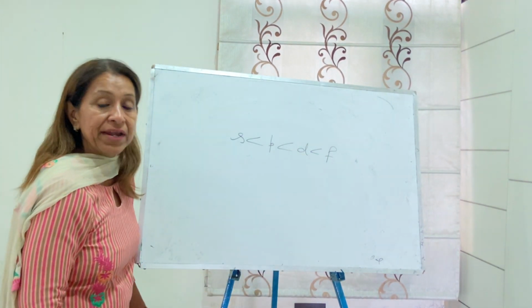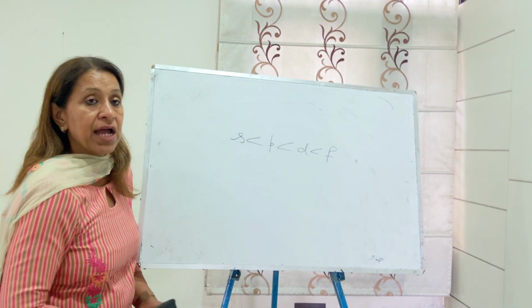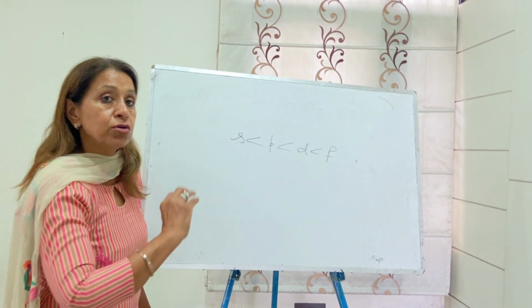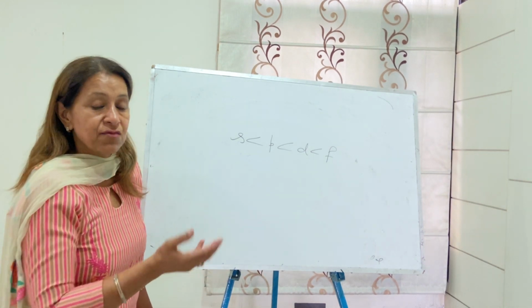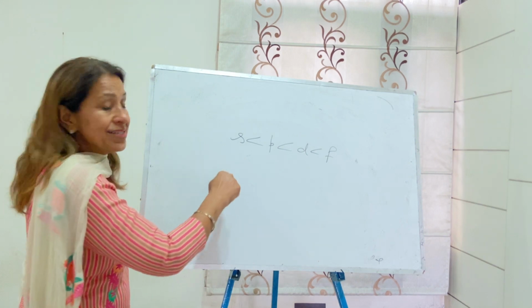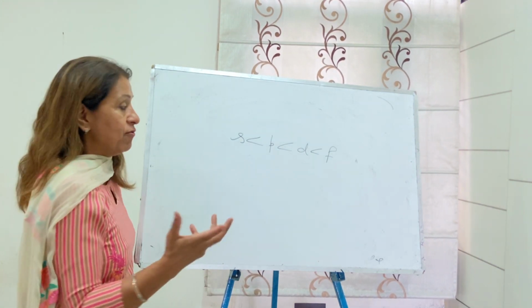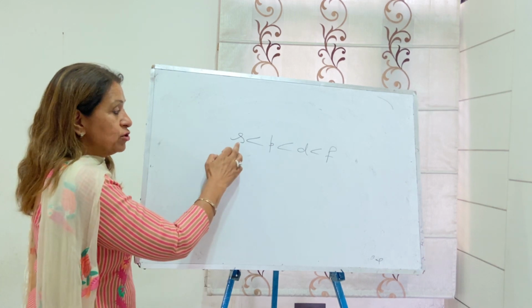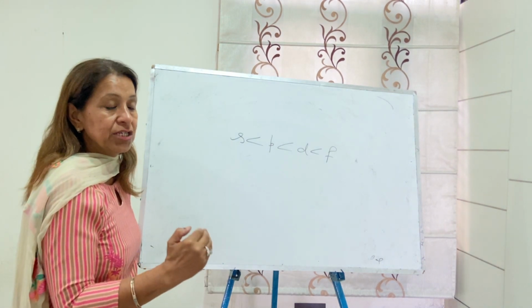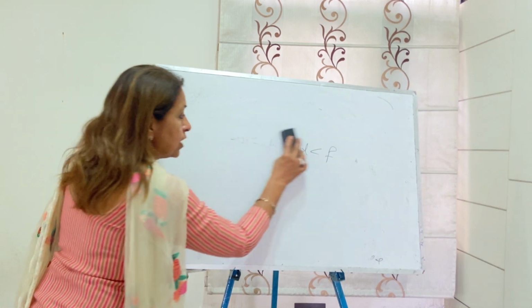The electrons present in the s subshell are very close to the nucleus, which means the energy is less. Because of penetration power, the s subshell has less energy than p, d and f.